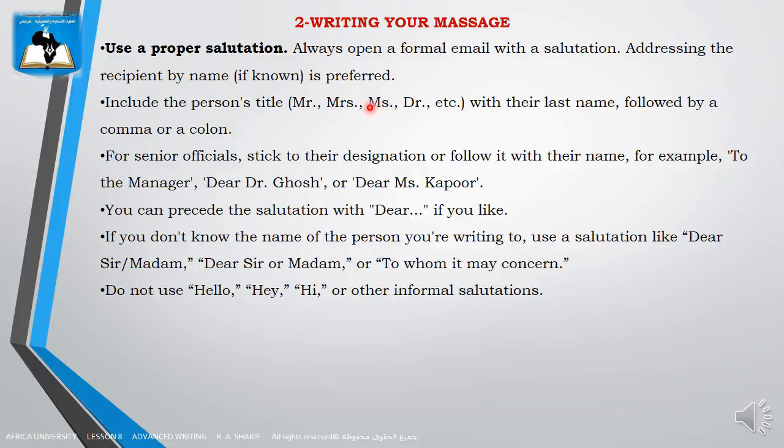You can use it for single ladies, also for married ladies. In case you don't know whether the woman is married or not, you can use Ms., okay? Doctor for doctor, of course. So again, include the person's title with their last name, followed by a comma or semicolon, okay?